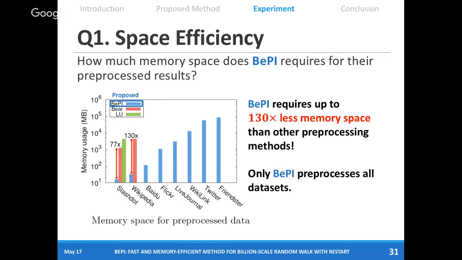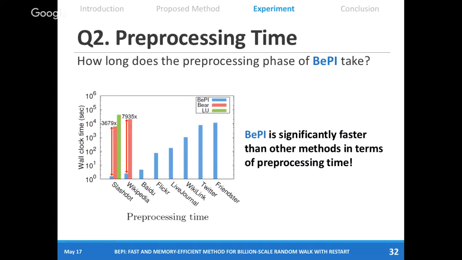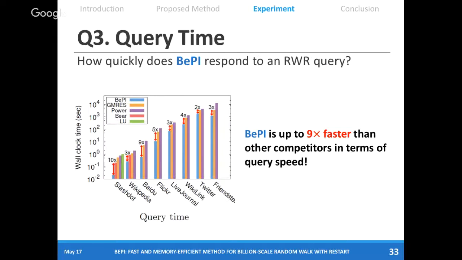As you can see, BEPI requires up to 130 times less memory space than other preprocessing methods, and only BEPI preprocesses all datasets while other methods fail. In terms of preprocessing time, BEPI is significantly faster than other methods. And BEPI is up to 9 times faster than other competitors in terms of query speed.